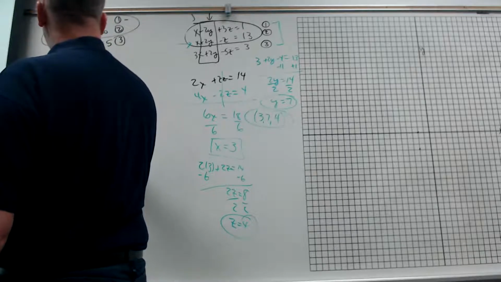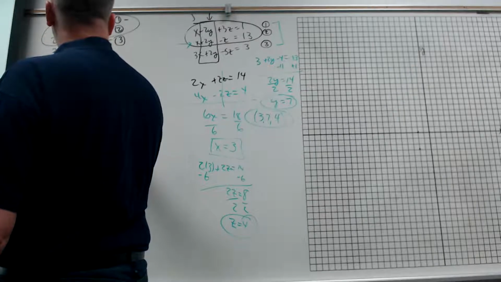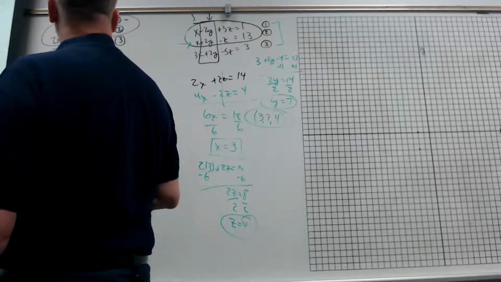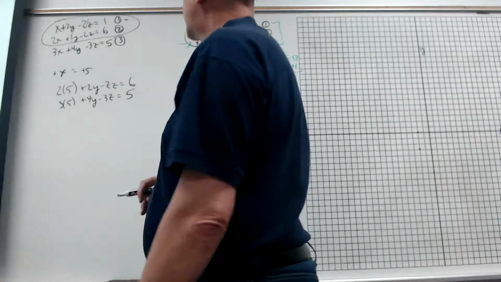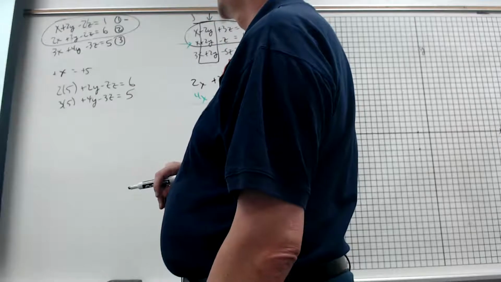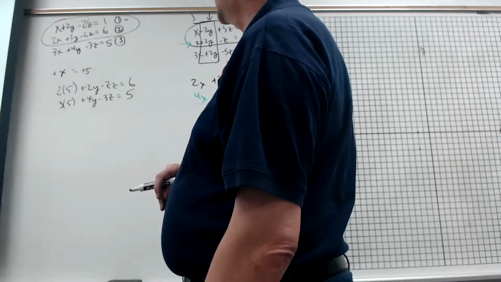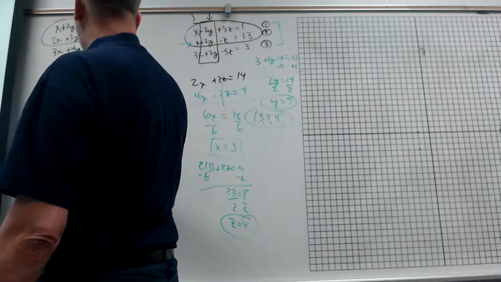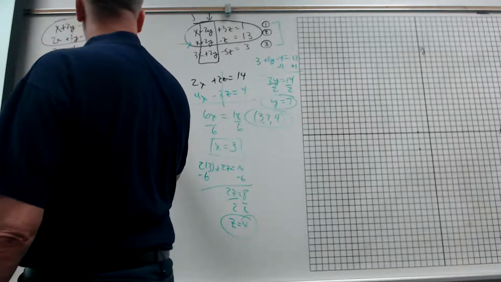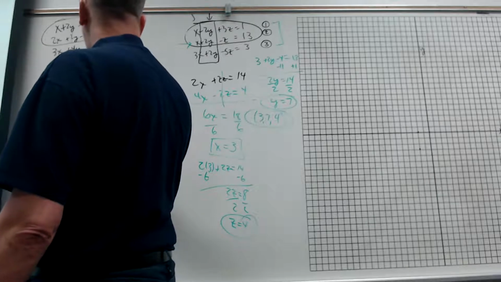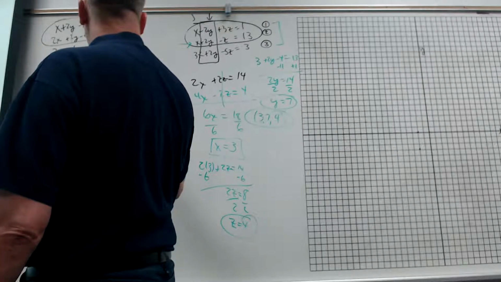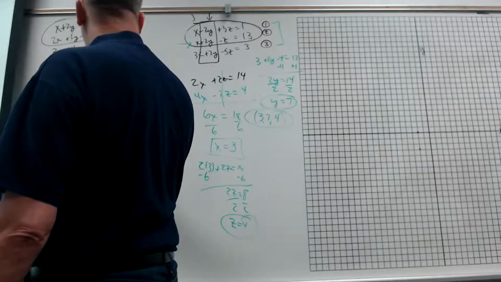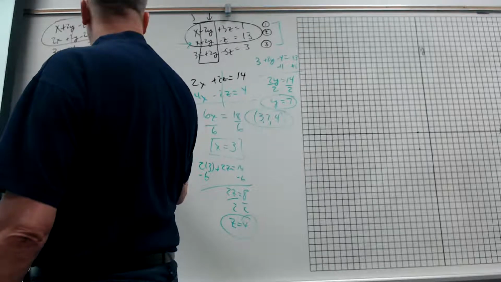And 3 times 5 plus 4y minus 3z equals 5. So I could subtract 10 here, and I could subtract 15. This gives me 2y minus 2z equals negative 4, and 4y minus 3z equals negative 10.